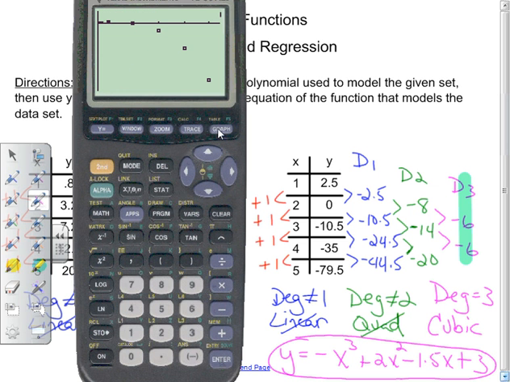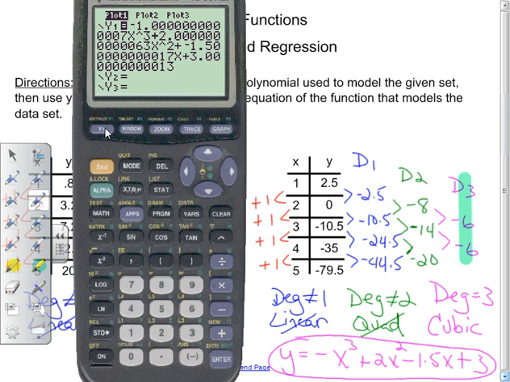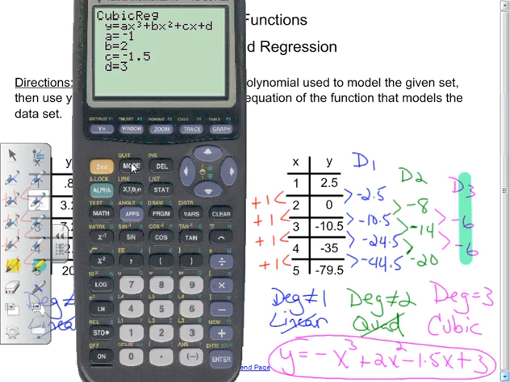Then I hit the graph button to show that that is the equation that, in fact, hits all of the data points. By looking at y equals, I get a little bit of funky stuff there, just from how the numbers were generated and then put over to my calculator, but those values are, in fact, the ones we see in this chart for the most part and for practical purposes.